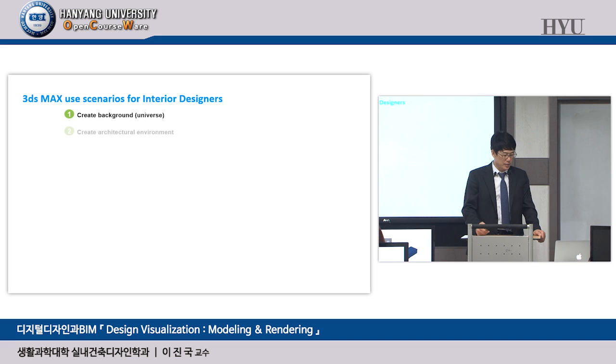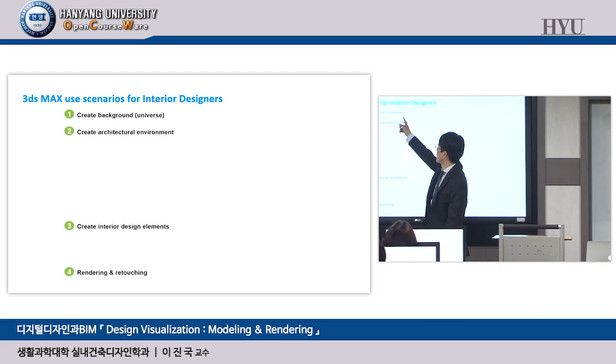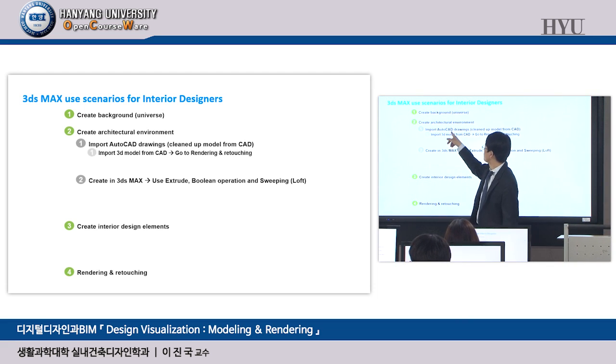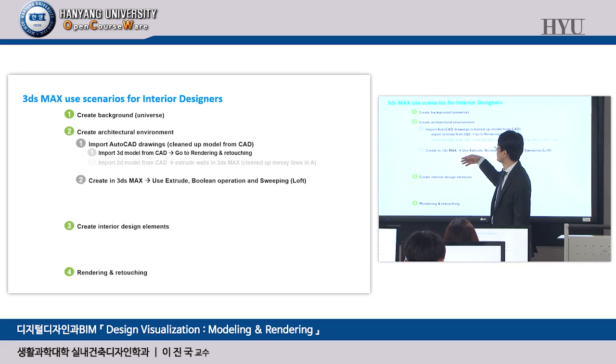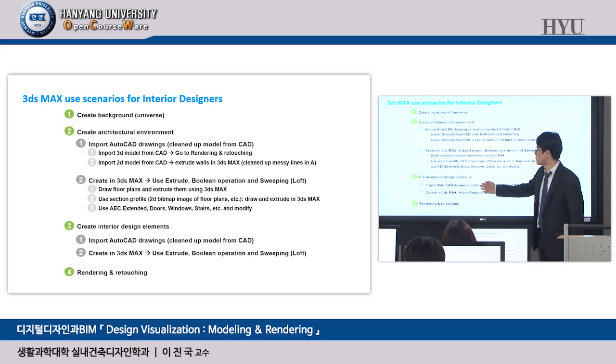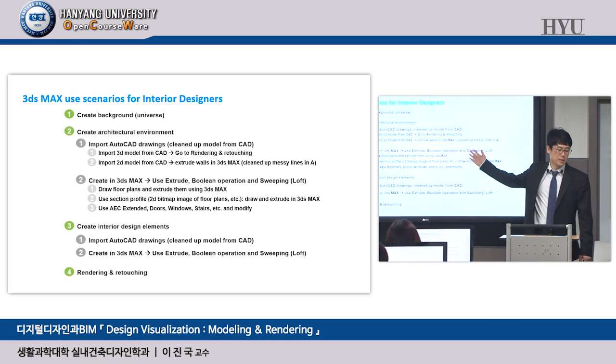For interior architects, here I list the user scenario again. Firstly, create background universe and architectural environment, then import geometry and editing, creating geometry and design elements, and rendering and retouching, in this sequence.